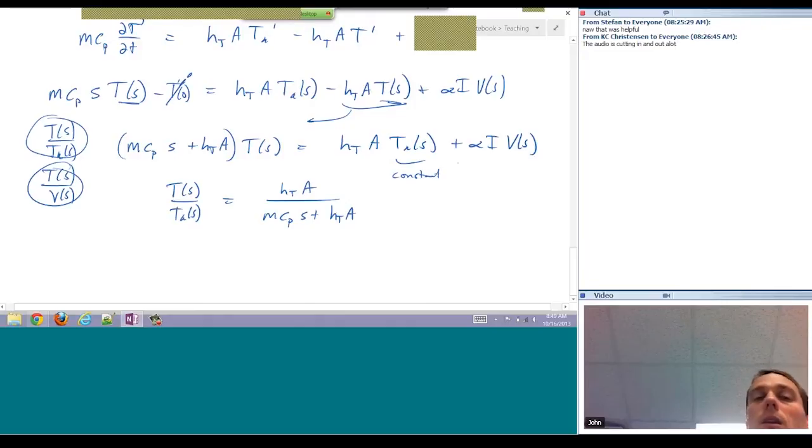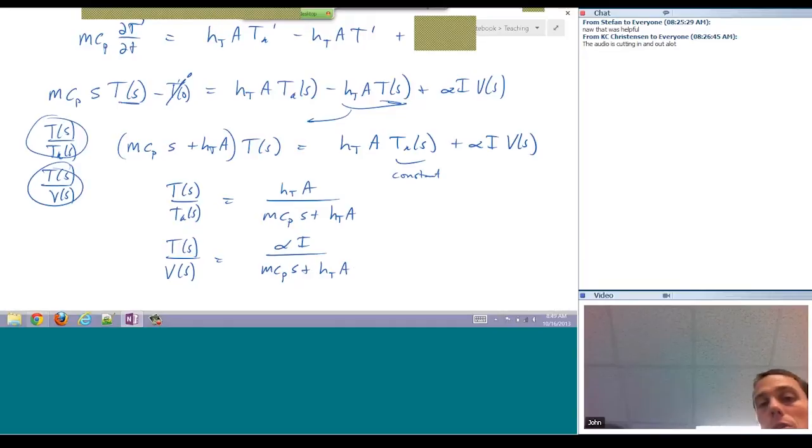Then I have T of S over V of S equals alpha I over M C P S plus H T A. Now we learned in class that you look at the denominator to determine stability and other things like that. What do you know about the two denominators? In this case they are the same.